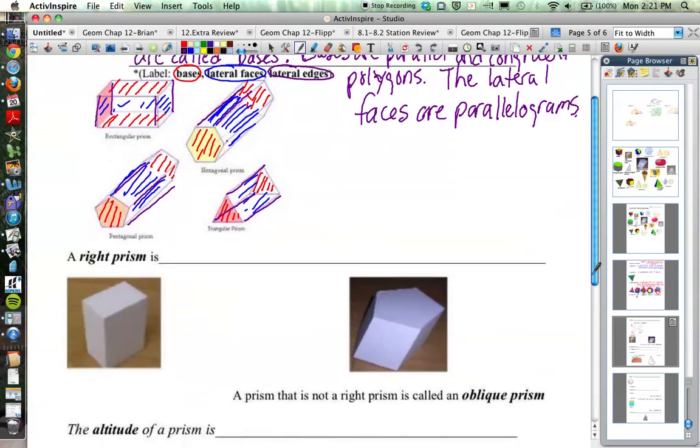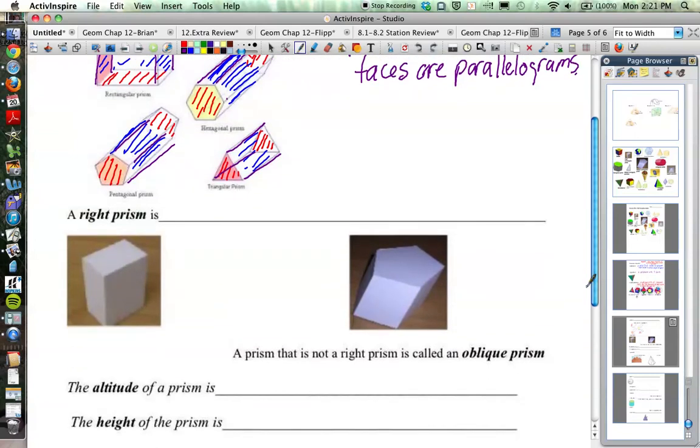And you might hear the word right prism versus oblique prism. A right prism is a prism with lateral faces that are rectangles and lateral edges perpendicular to the bases.